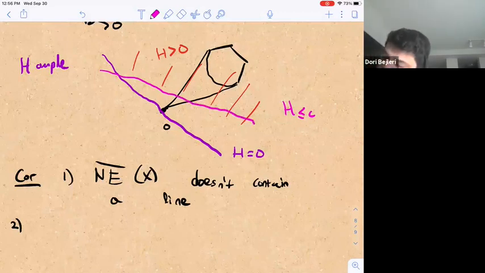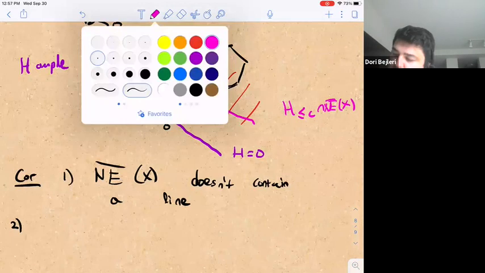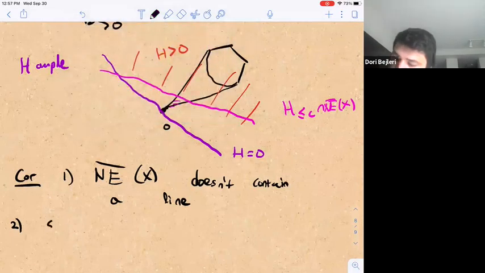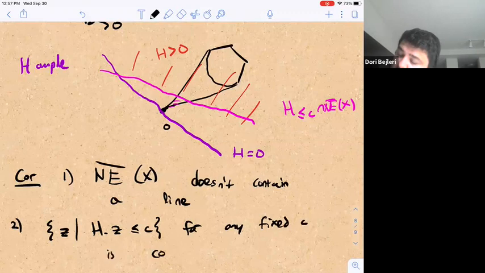And then if we look at the region here with NE-bar, from this picture, we get that whatever the intersection is has to be compact. So that's 2. So the set of classes such that h dot z is less than or equal to c, for any fixed constant c, is compact.